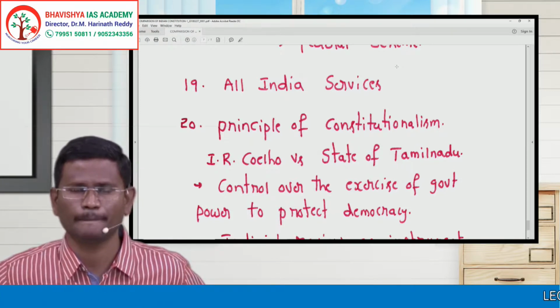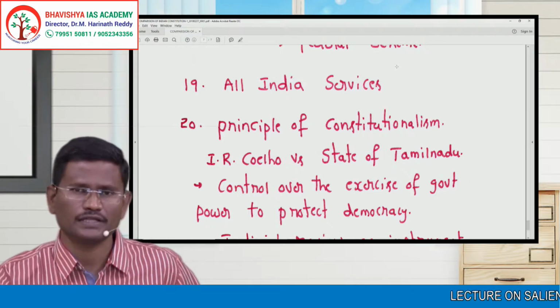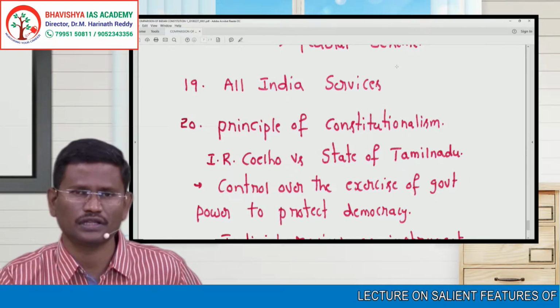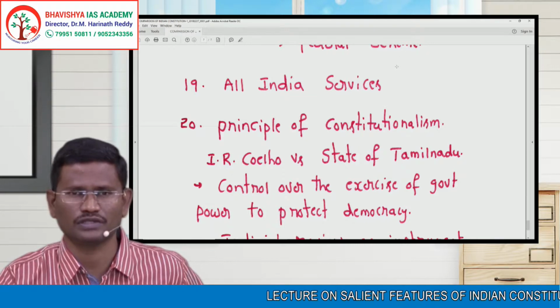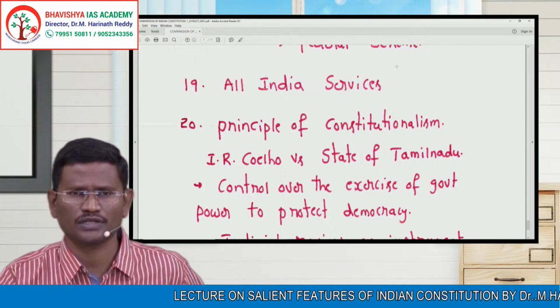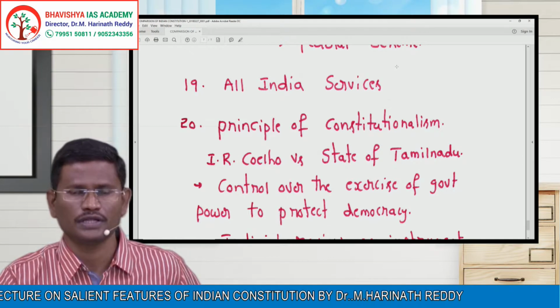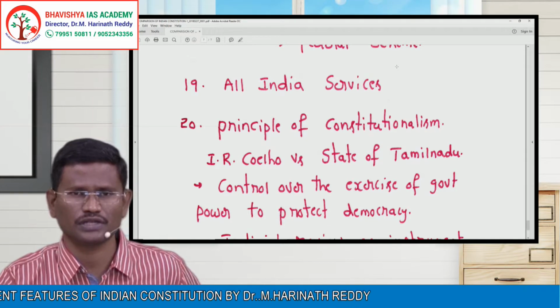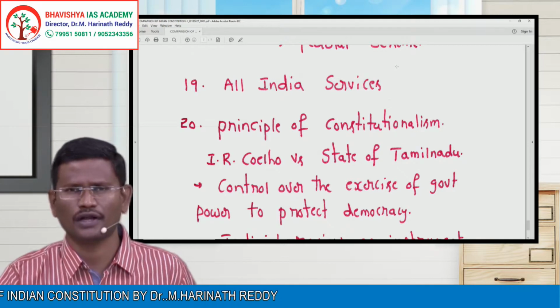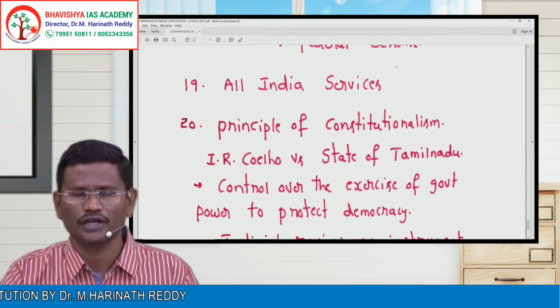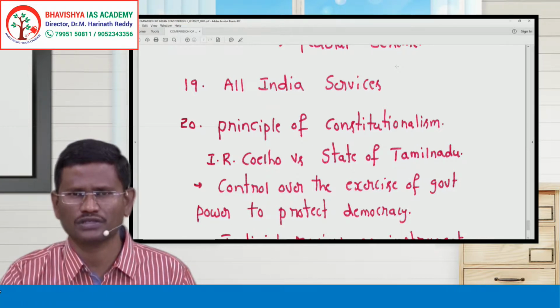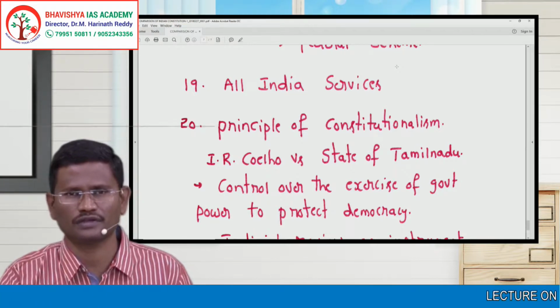But in India, there are certain services which are common to the center and the states, which are called all India services. In India, Indian Administrative Service, Indian Police Service, Indian Forest Service, these are the 3 all India services.